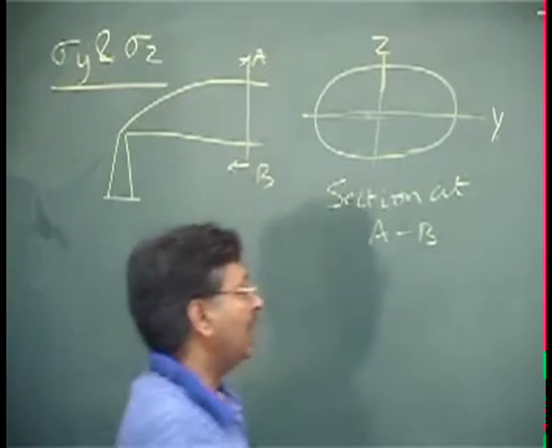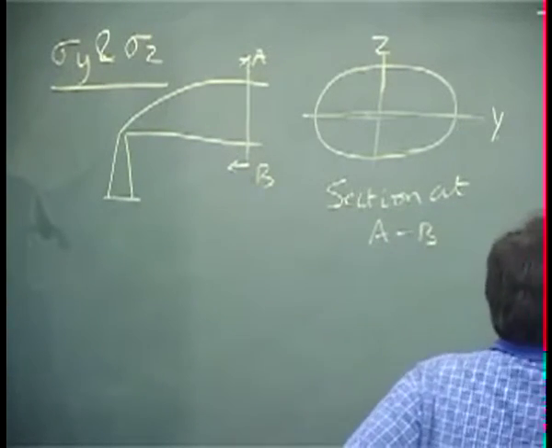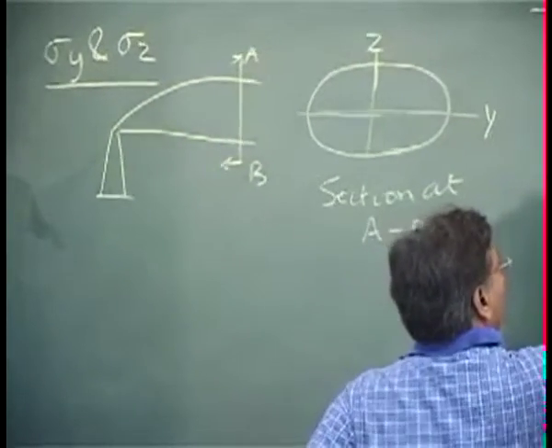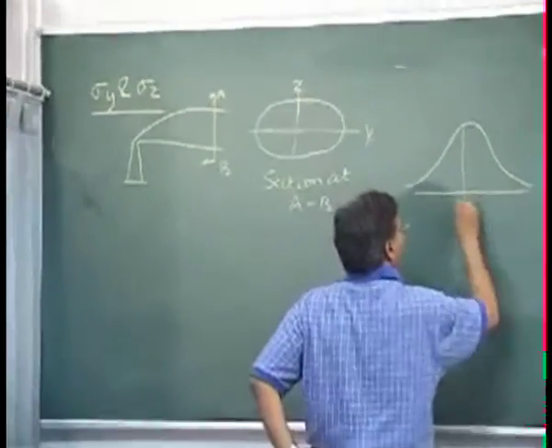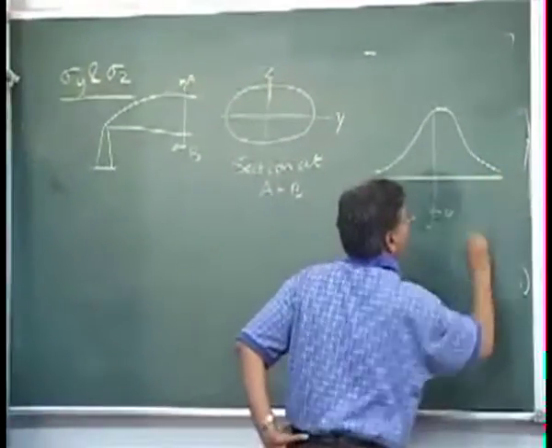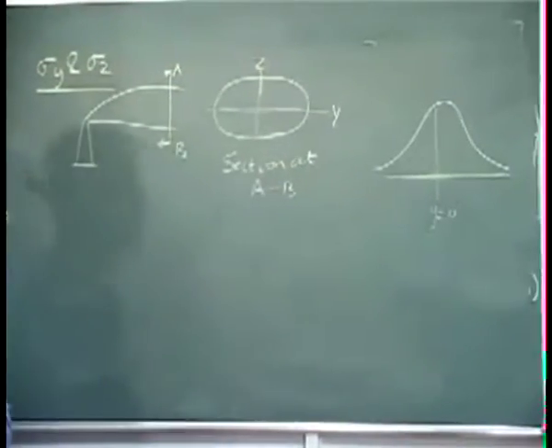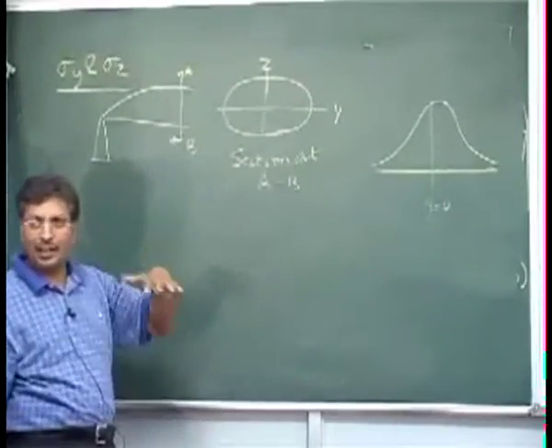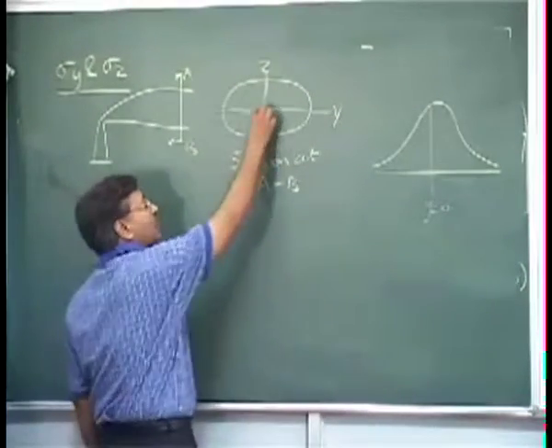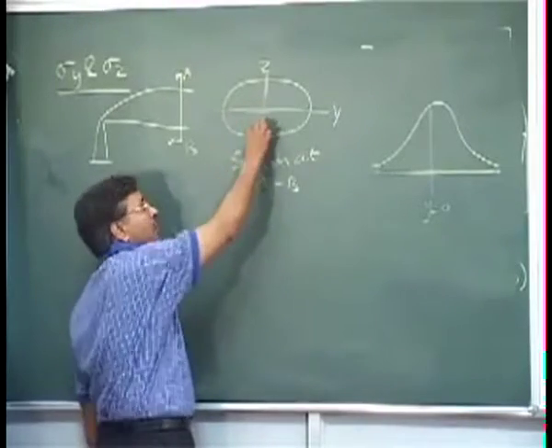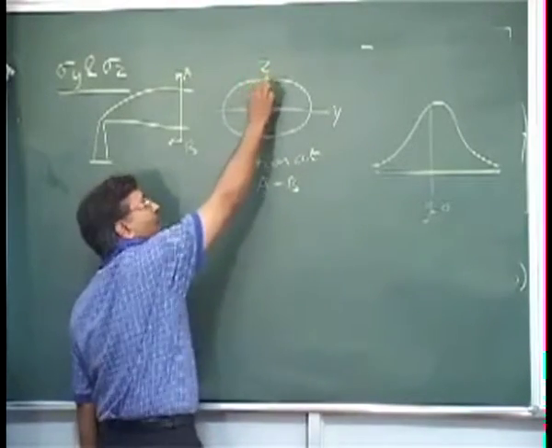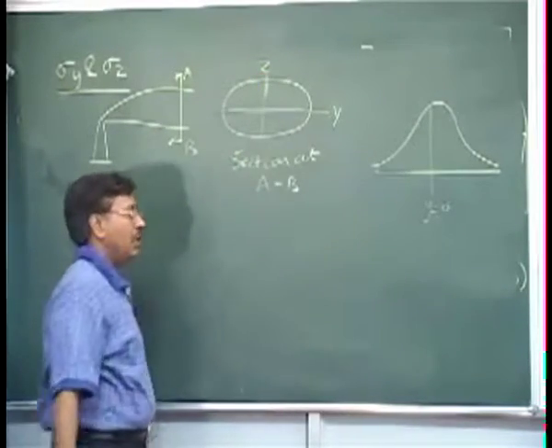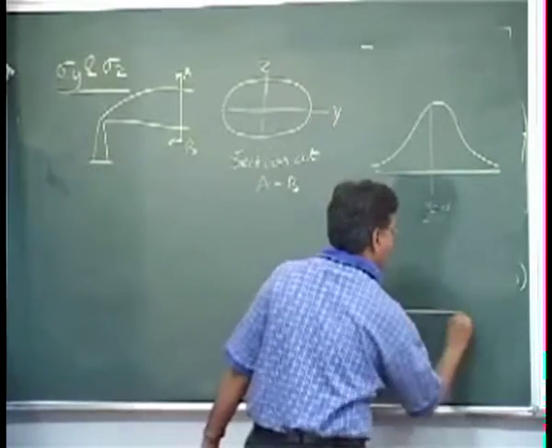Then I will get a concentration profile at Y equals 0. People have found that this is a Gaussian kind of concentration. I can also, with a helicopter, not change my y coordinate but fly vertically up and down and do the measurements at different heights. Then I will get a profile which will look like this.